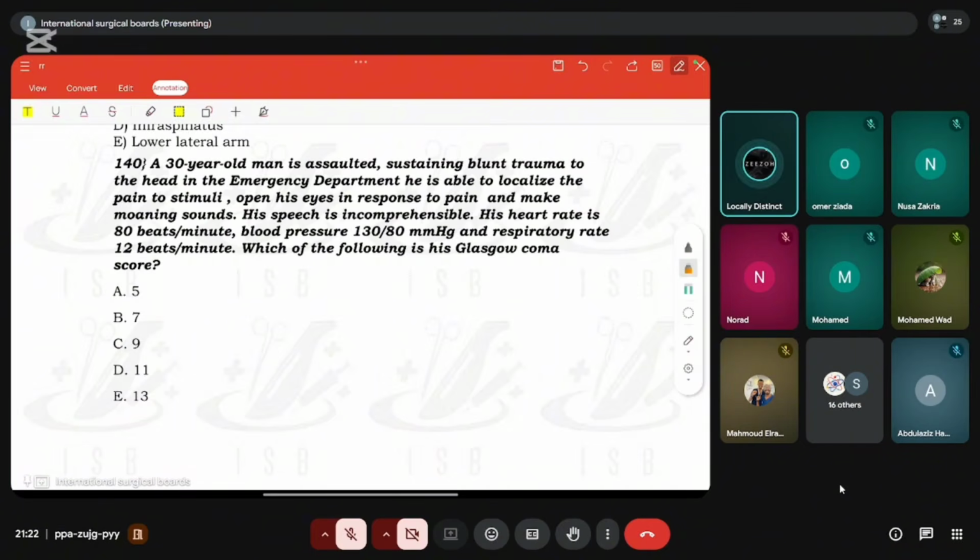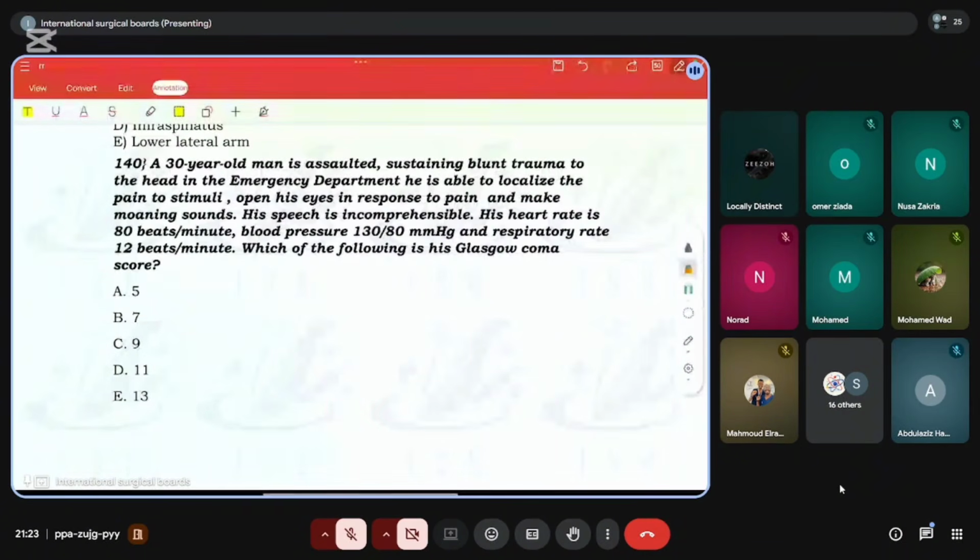Which of the following is his Glasgow Coma score? Eye to pain, that's 2. Moaning sounds, that's also 2. I think he localized pain, right? That gives it 4? No, 5. So 5, 2, and 2, that's 9. Yeah, C.